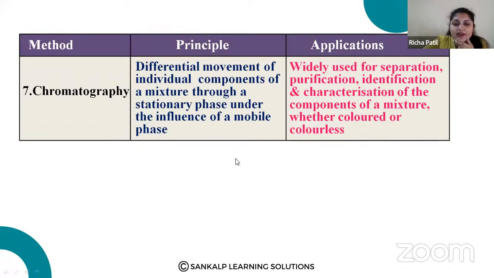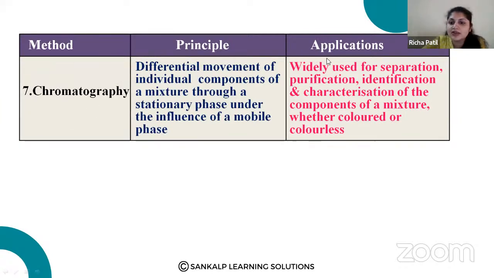If your mixture has different components and you want to check its Rf factor, then you have to dot them on a stationary phase and keep them under the influence of a mobile phase. After some time you can see that there will be movement of the different individual components.